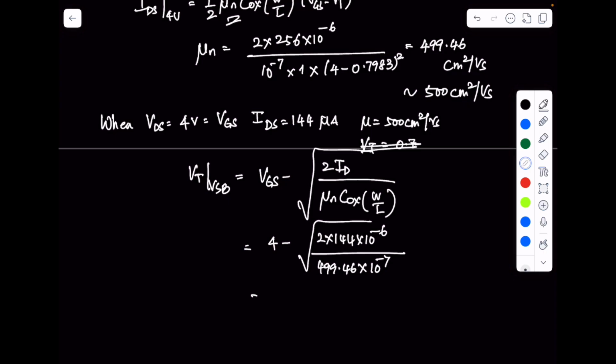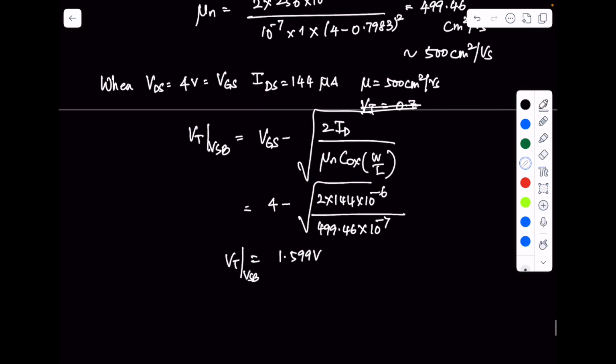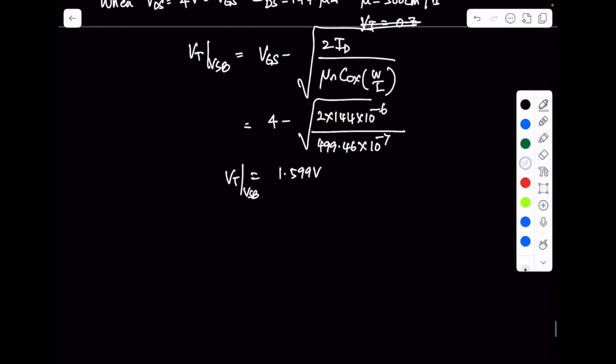So this works out to 1.599 volts. So this is the Vt at VSB, right? And so what it tells you is when I apply VSB of 2.6 volts, my Vt goes from 0.7983 volts to 1.599 volts. In other words, this is my delta Vt.